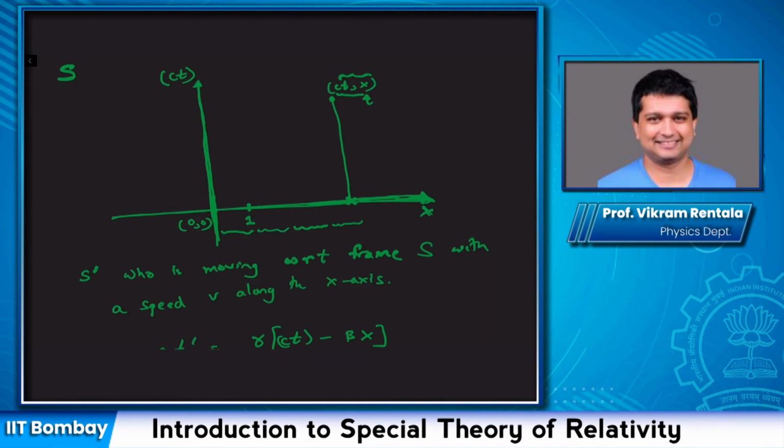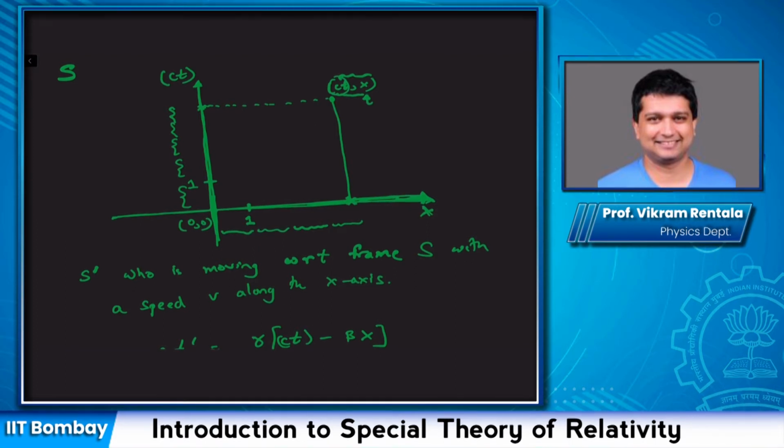Similarly, for the y coordinate, I would have to define a unit ct distance, and then I would drop a perpendicular from the spacetime point onto the y-axis, and figure out how many unit intervals I need to travel, and that would tell me how many ct's I am away from the origin in time, and that would locate the time coordinate of the spacetime point.